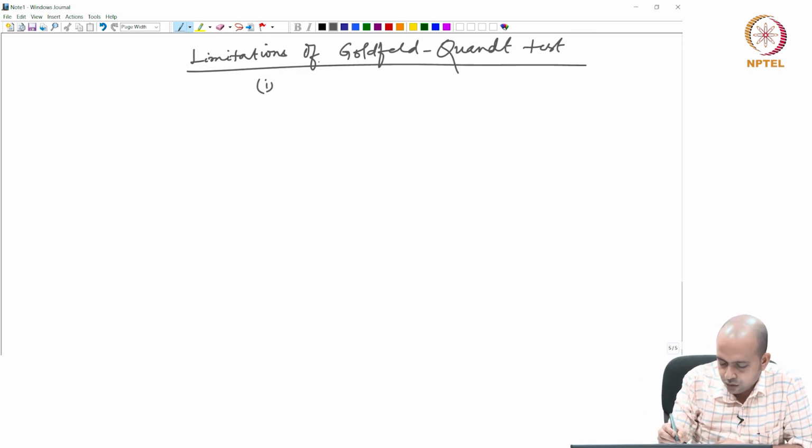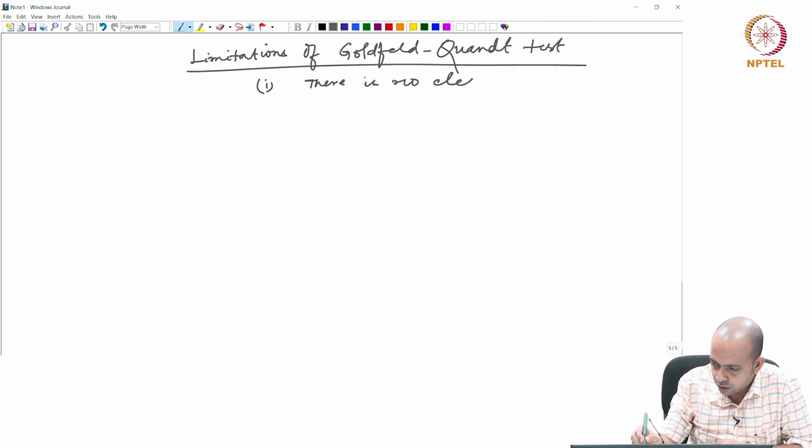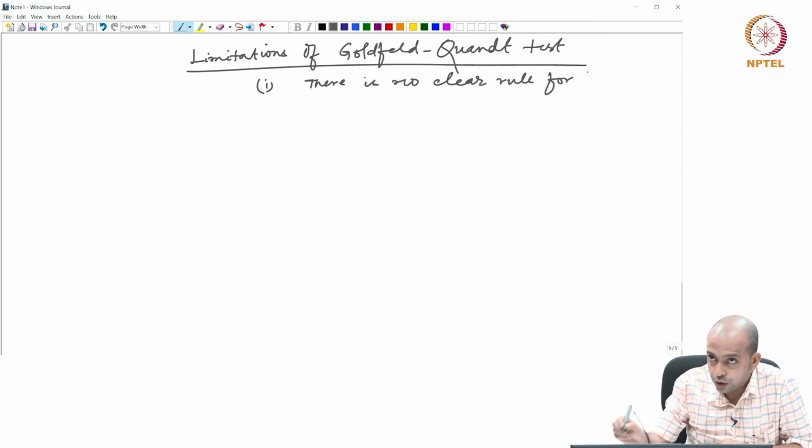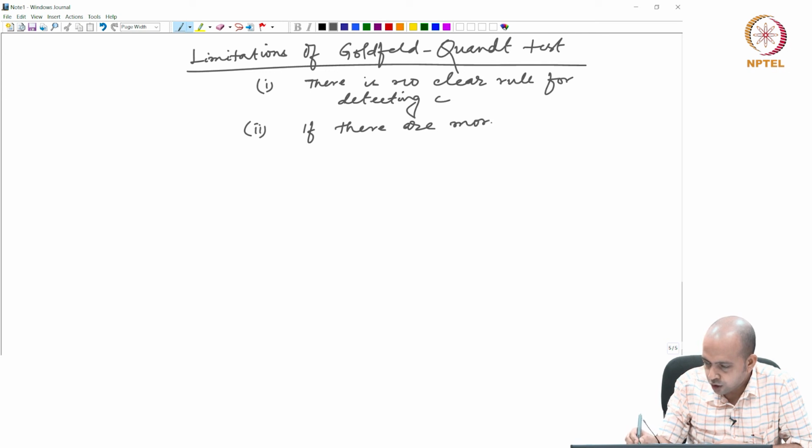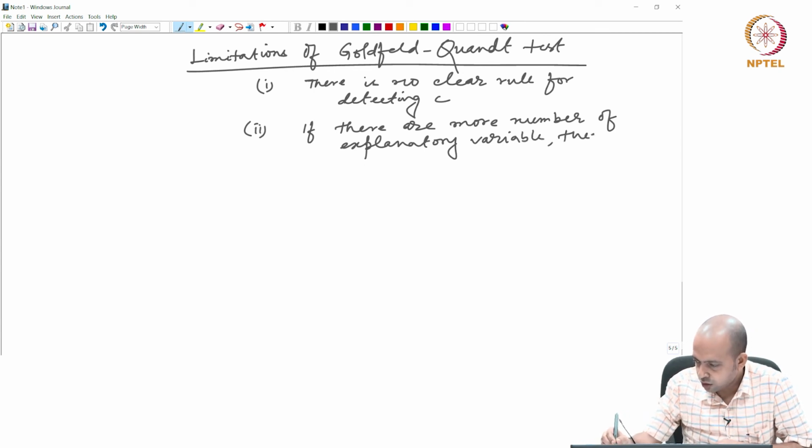First, there is no clear rule for detecting C. Secondly, if there are more explanatory variables, then the same procedure needs to be repeated.